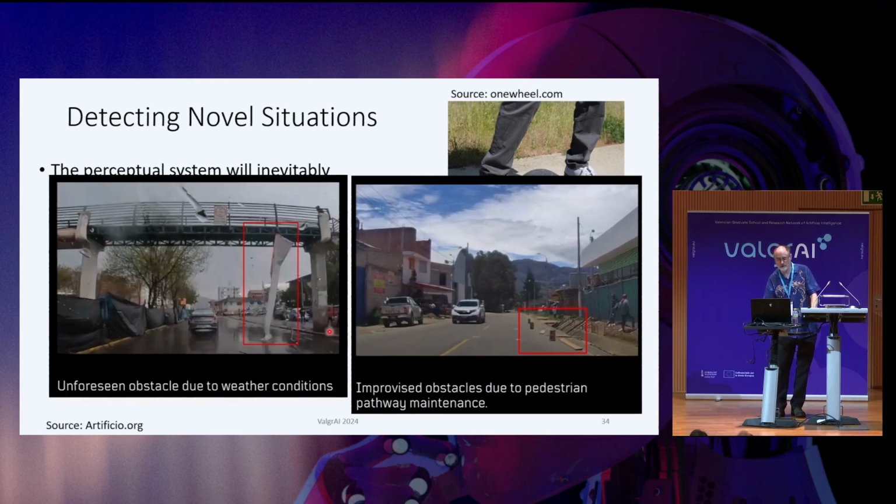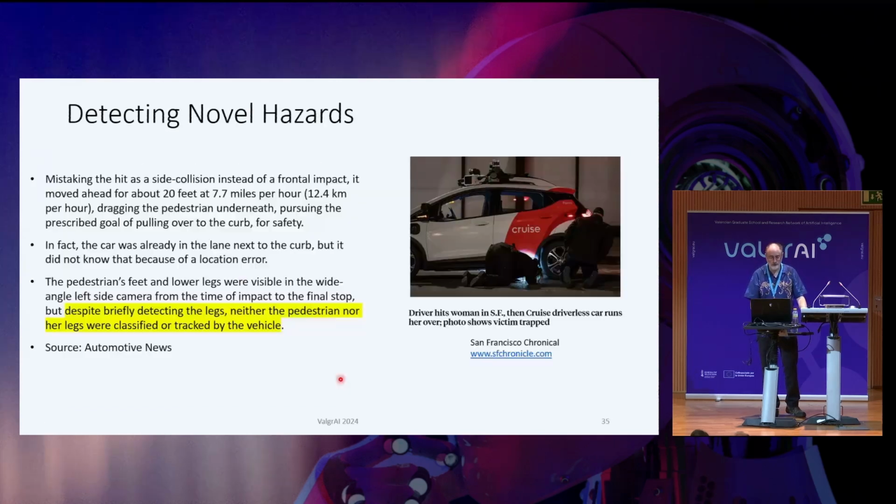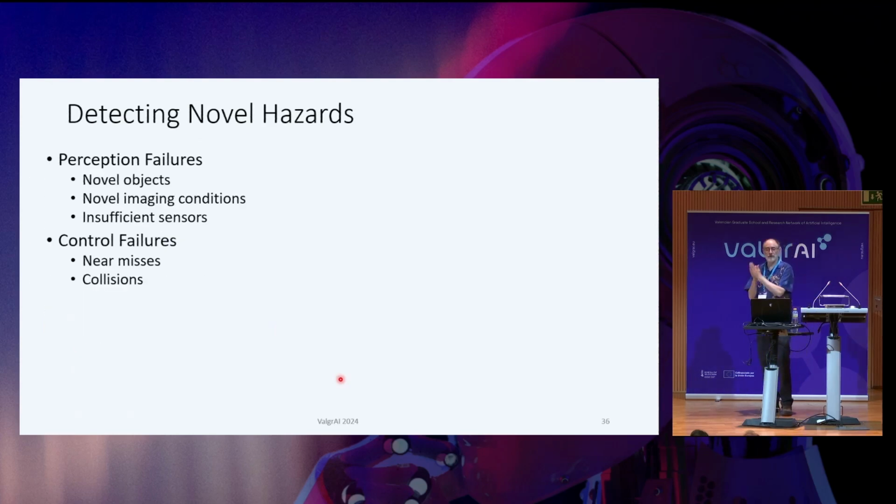Here's another example of something that really could happen anywhere, where a banner on this overpass has become detached in the wind and is blowing around. How is the computer vision system going to even see that and respond appropriately? I don't have time to talk about that one.